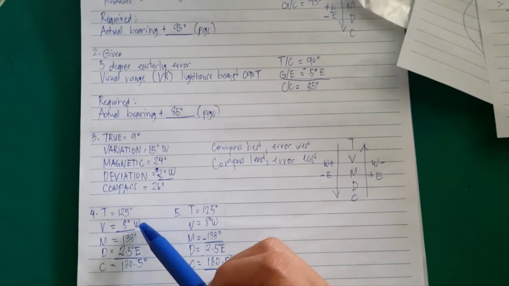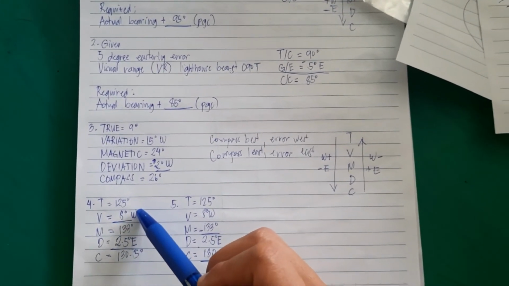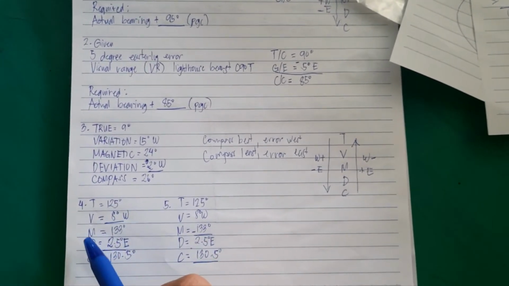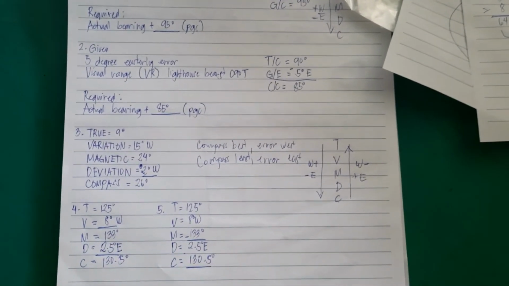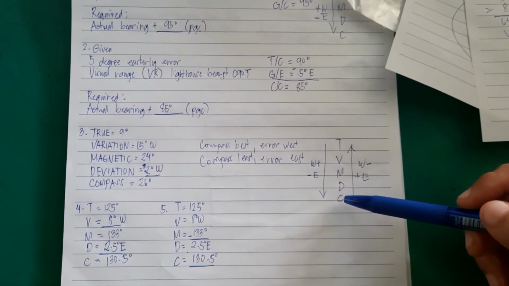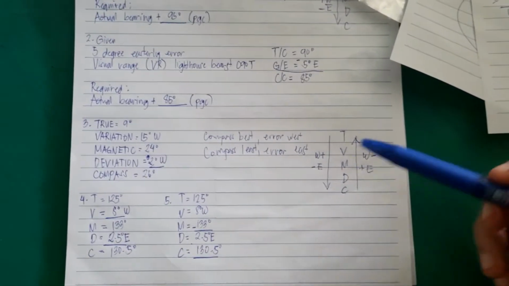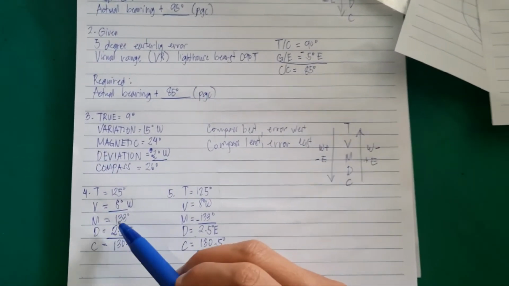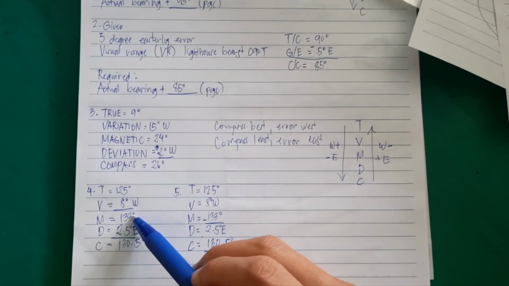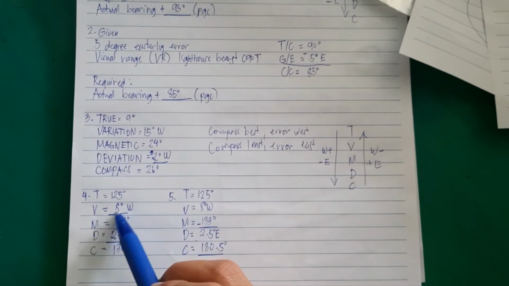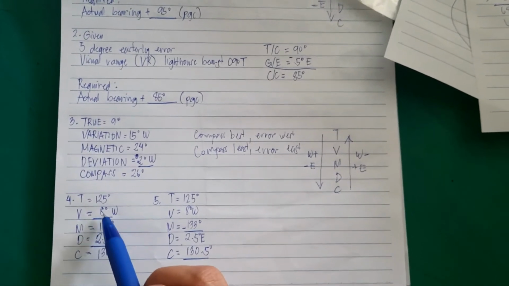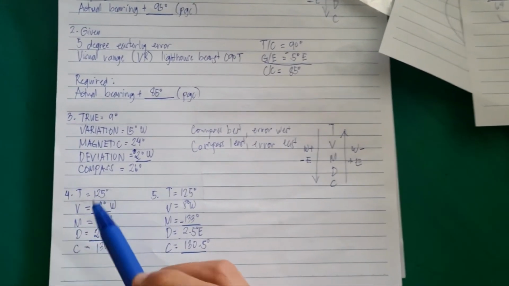So this is west because we're going to subtract the true course from the magnetic course. This is according to the rule applicable for this one. 133 degrees minus 125 degrees, that's 8 degrees. So the variation is 8 degrees west.